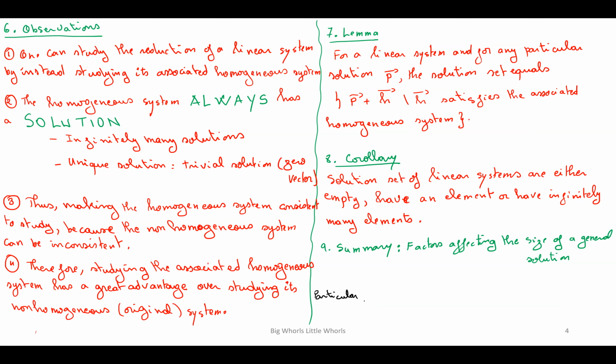If a system has a solution, it must have at least a particular solution. Sometimes that particular solution can be the zero vector when we are dealing with the homogeneous part. We have seen here the solution set can be written as P plus H, which is the homogeneous part.